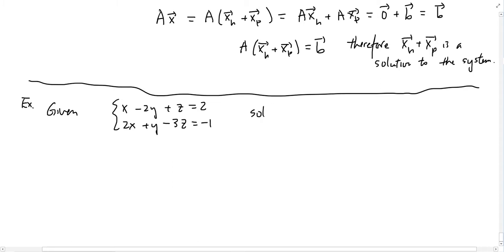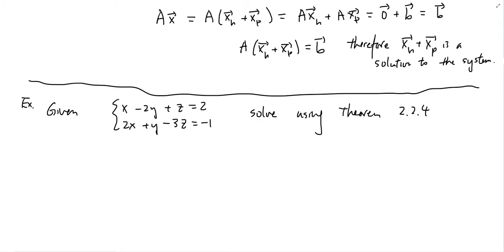The problem asks you to solve this system using theorem 2.2.4. Since the question specified that you have to use theorem 2.2.4, you will not be allowed to solve the system using any other method. So how do you go about using theorem 2.2.4?